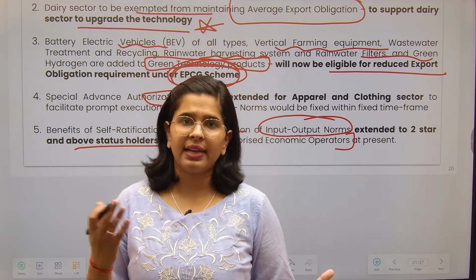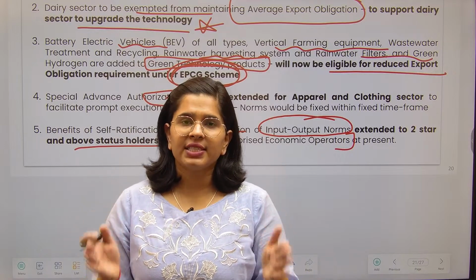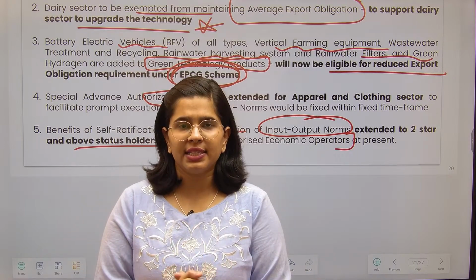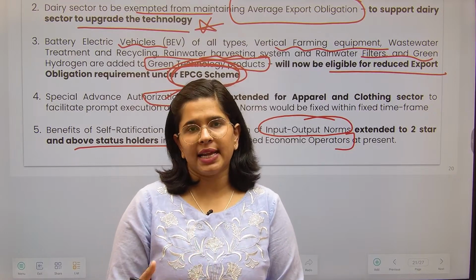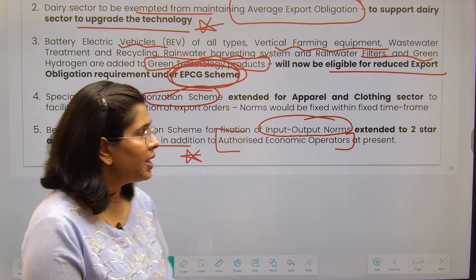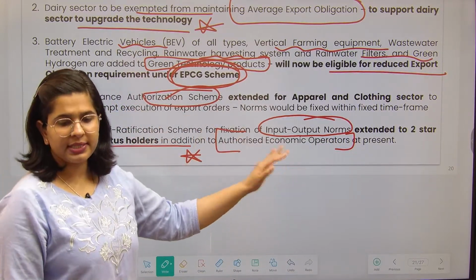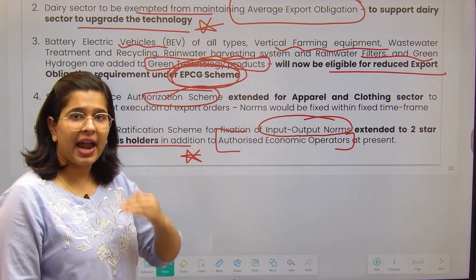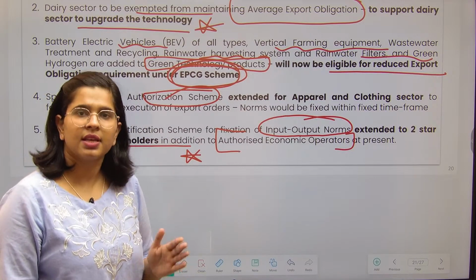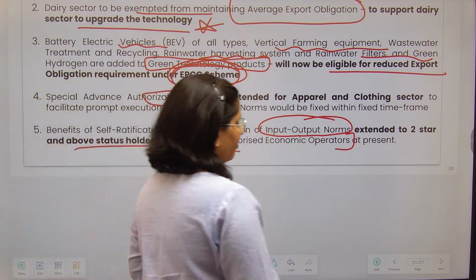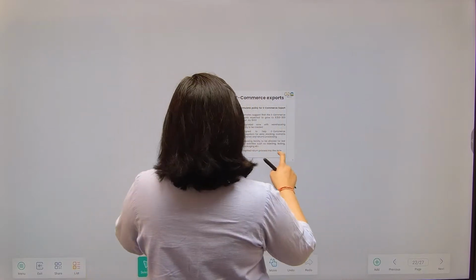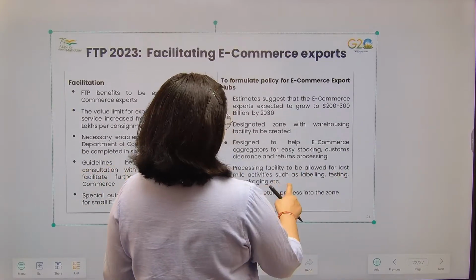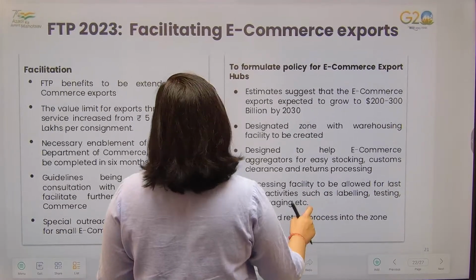This is your input and that is your output. So the fixation of ratio between these is called input output ratio. Normally, this is set by the norms committee, but these particular exporters have the benefit of ratifying it by themselves. Okay, so this is the benefit. Don't worry, even if you do not get the detailed analysis of this, whenever we discuss the FTP, we will be discussing this.